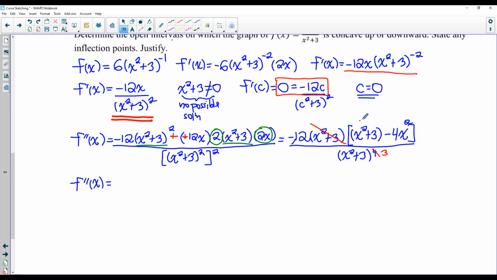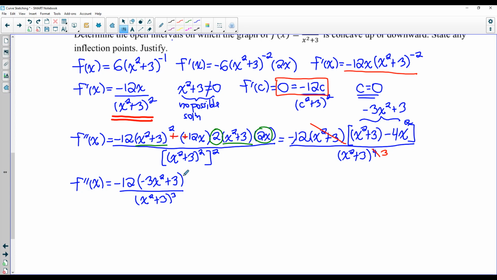Which means that in brackets here, we can actually simplify this. This would be x squared plus 3 minus 4x squared, so that would be negative 3x squared plus 3. So we'd then be left with negative 12, and then in brackets, I would have negative 3x squared plus 3, all divided by x squared plus 3, all cubed.